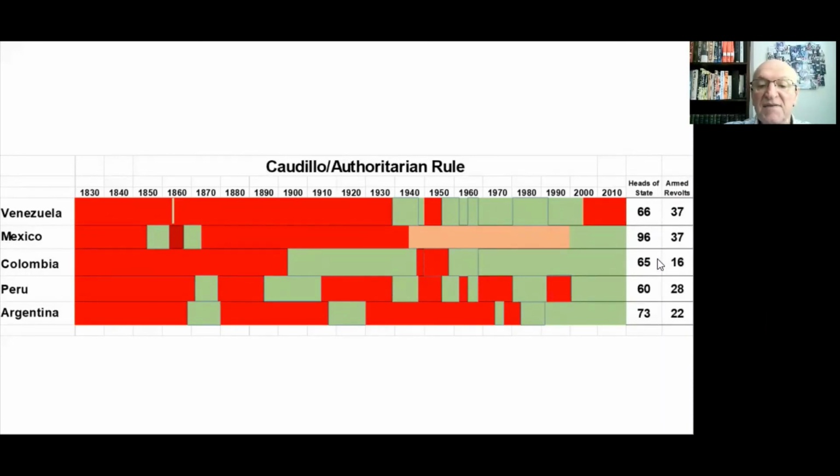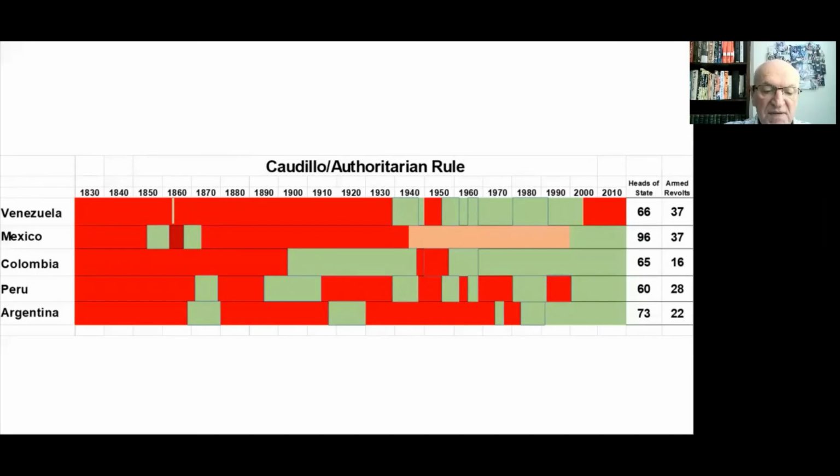Colombia has 65 heads of state, 16 revolts, but they had two very lengthy and damaging internal wars. Peru, 60 heads of state, 28 revolts, but they had 4 international wars. And Argentina, 73 heads of state and 23 armed revolts.